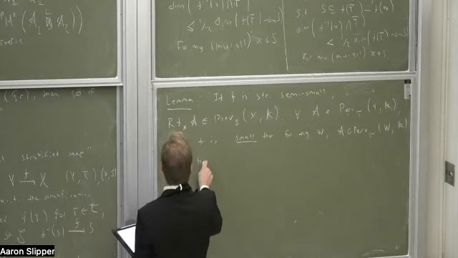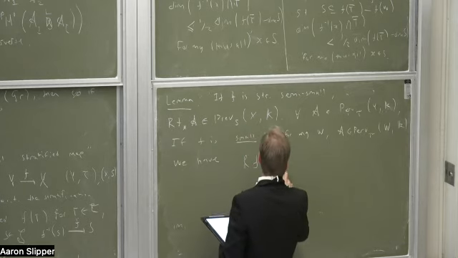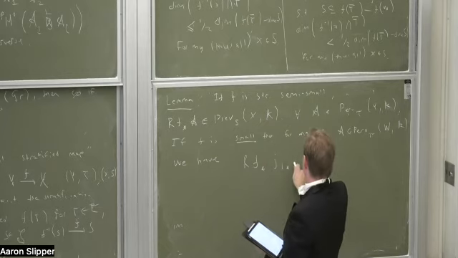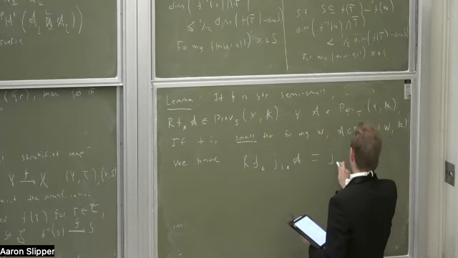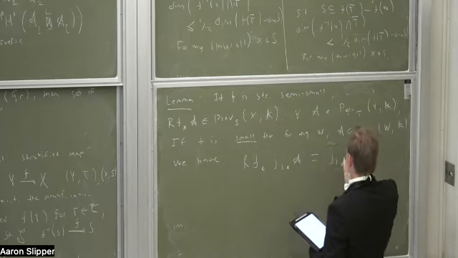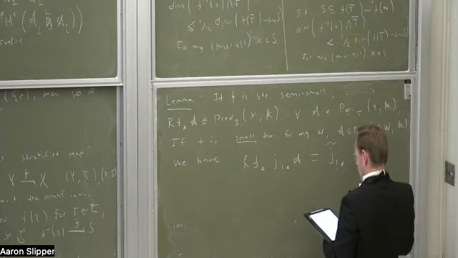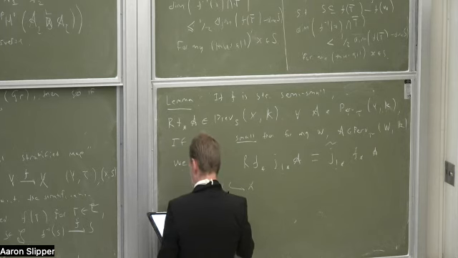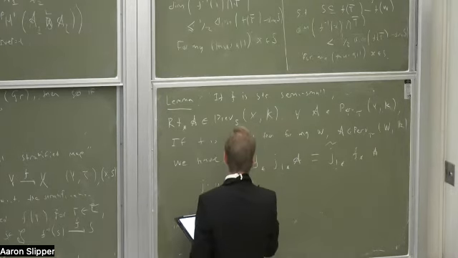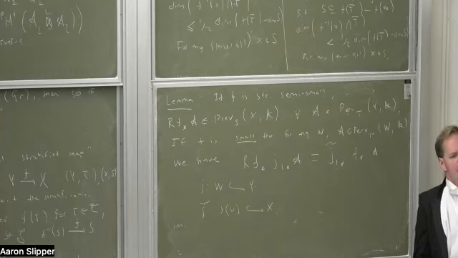We have, we first take the intermediate extension of A, and then push it forward, and this is the same as pushing forward and then taking the intermediate extension, where J maps W to X, J middle maps W to Y, and F maps X to Y. Okay, so this is the commutation of push forward and intermediate extension functor.